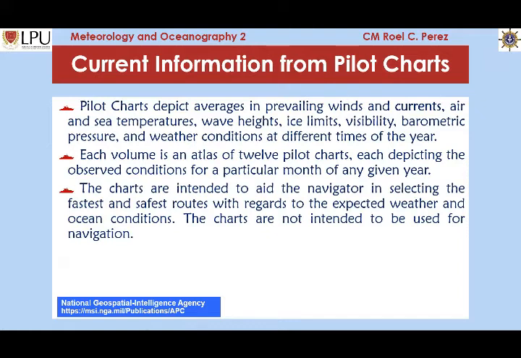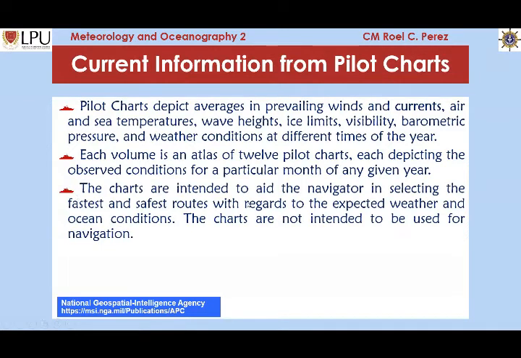So we have studied this in another subject. But here, that's why I made it in bold letters, it is also giving information regarding currents. Each volume is an atlas of 12 pilot charts, each depicting the observed conditions for a particular month of any given year. So you have already an idea of this, I know, because I am your teacher who explained this before, no?